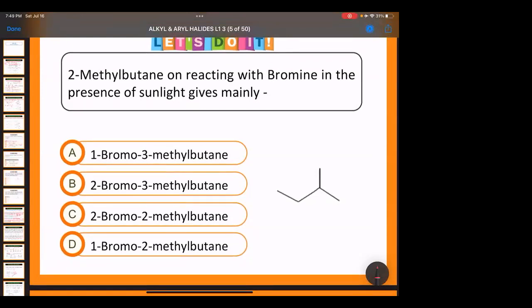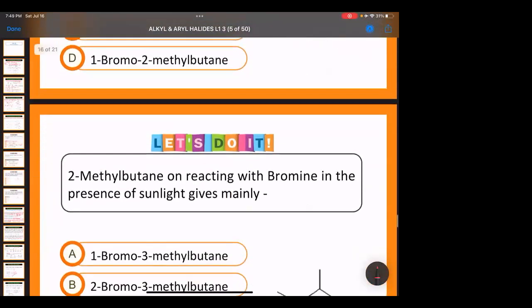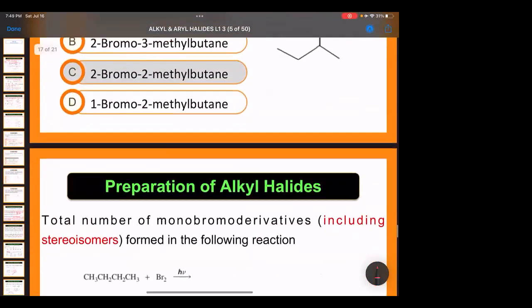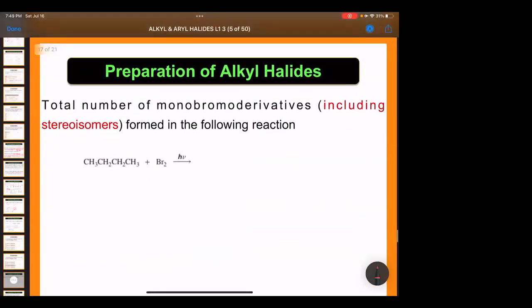Sir, option C. Option C. The 2-bromo-2-methylbutane. Correct. Good. That will be the right answer. And now the next thing.